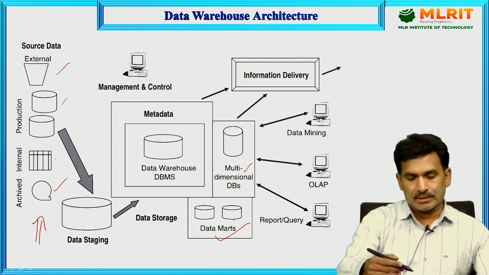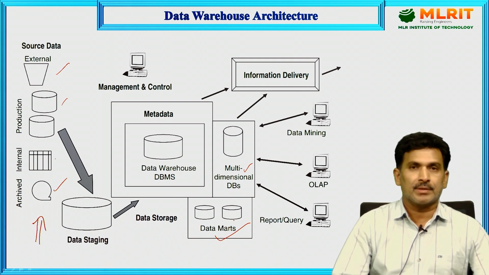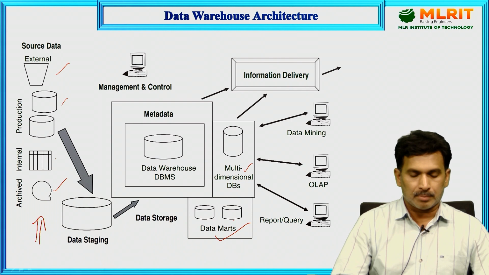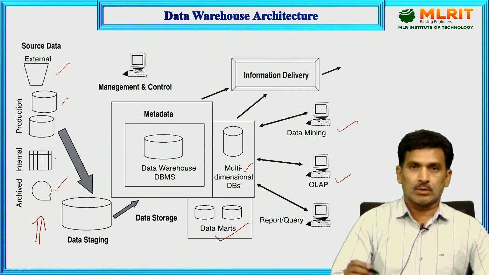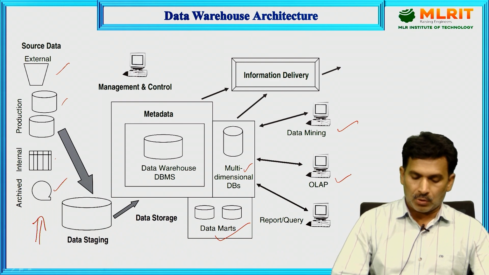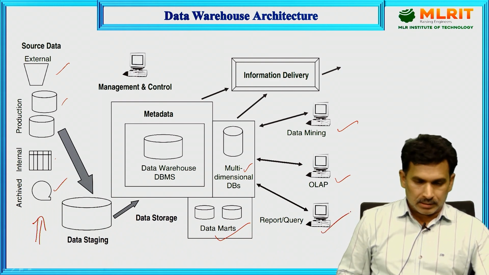Then the data in the data warehouse could be used for any purpose, like information delivery, data mining, OLAP (online analytical processing), or report and query generation. So this is the data warehouse architecture.